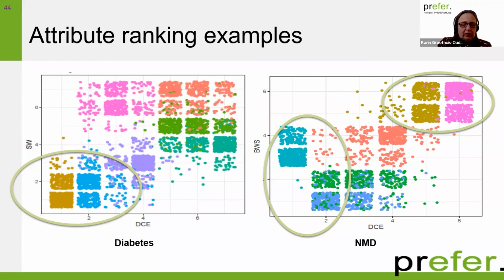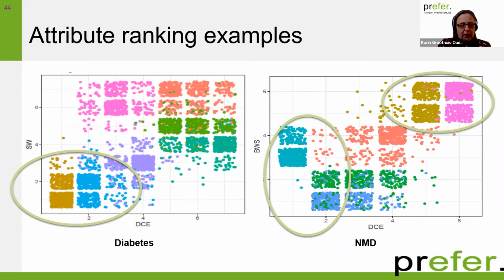So at the left-hand side, the attributes cost, that is in yellow-brown, and the precision, blue, are irrespective of the methods, the two most important. But on the other hand, alarms, that is in red, is the least important according to both methods. But for example, skin irritation, which is in pink, on the left-hand side, is more important according to the DCE than in the swing weighting.